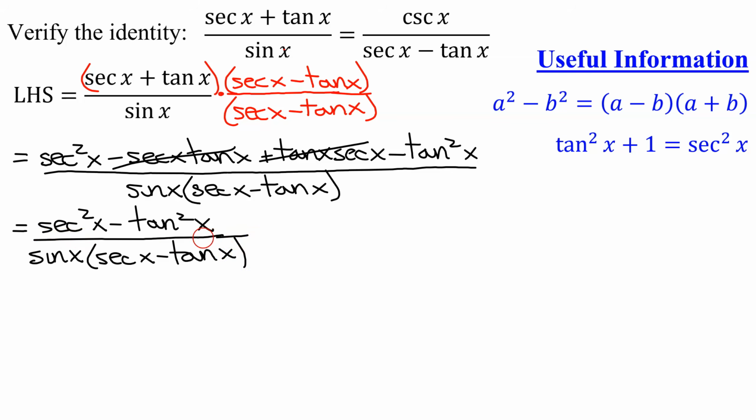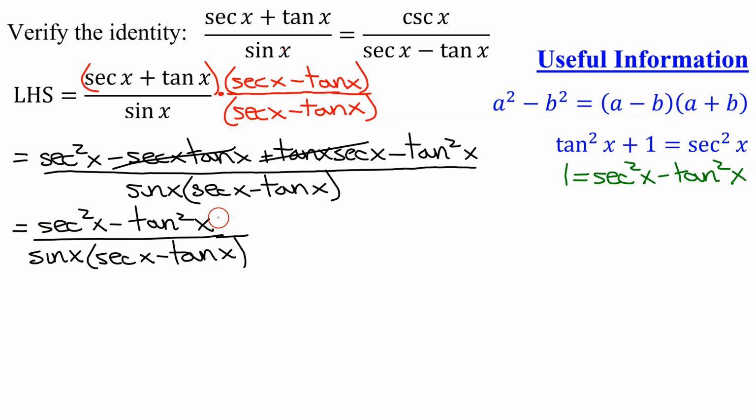Looking at the numerator, you should think Pythagorean identity. And here's the Pythagorean identity that relates the tangent function to the secant function. Can we manipulate that to get this numerator? Yes, if I subtract tangent squared x from both sides, I get 1 equals secant squared x minus tangent squared x.